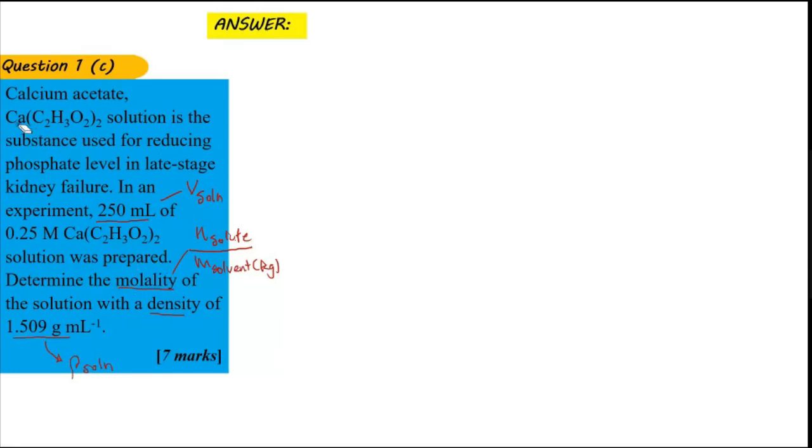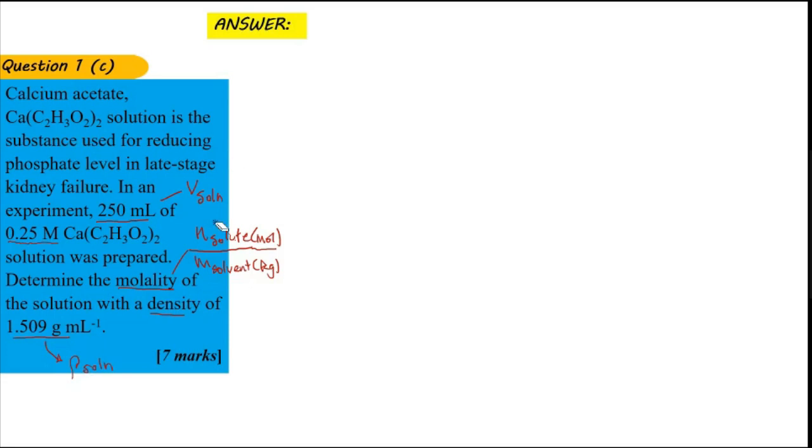Okay, so the solute is calcium acetate. You need to get the mole of it. You are given the volume and the molarity, so you have to work for the mole of solute. Just by using these two data is enough, yeah? Volume and molarity, you can find the mole. After getting the mole, find the mass of solvent. By using density, you need to find the mass of solution.